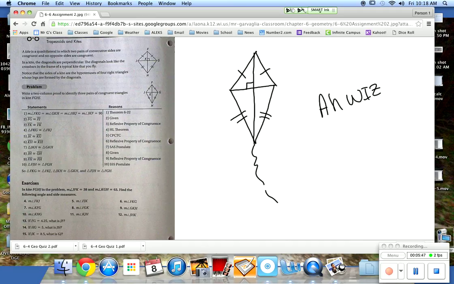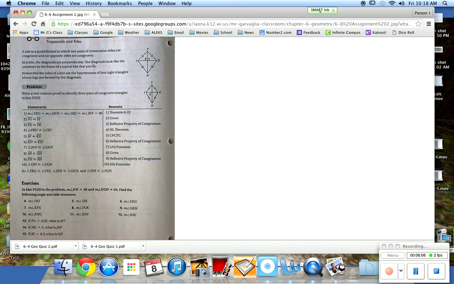What else happens is this side here equals this side here. Does this side here equal this side? No. They seem the same, but they're not.